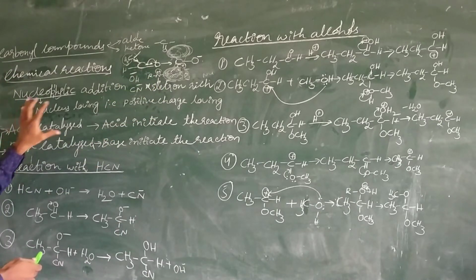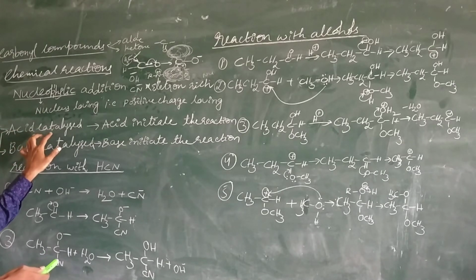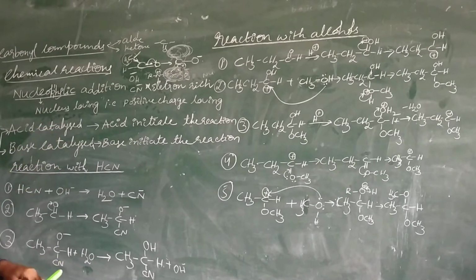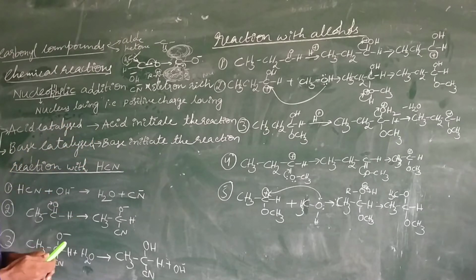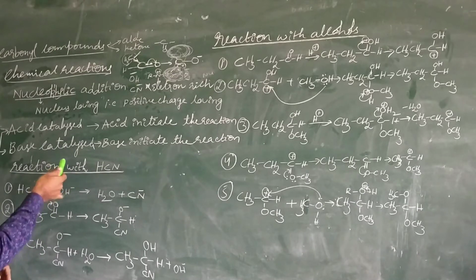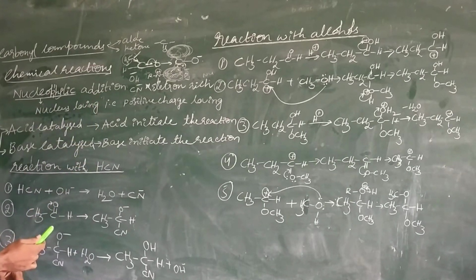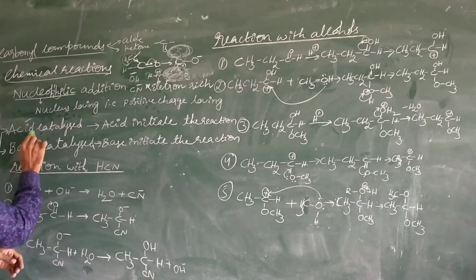And here, in the case of carbonyl compounds, we can see two types of reactions. One is acid catalyzed reactions. Nucleophilic addition reactions occur in carbonyl compounds with the help of either acid or base.